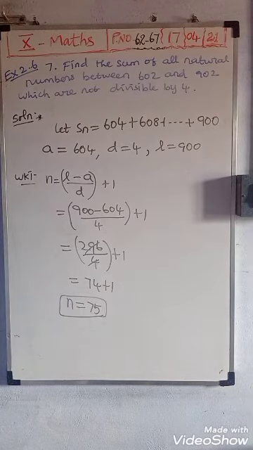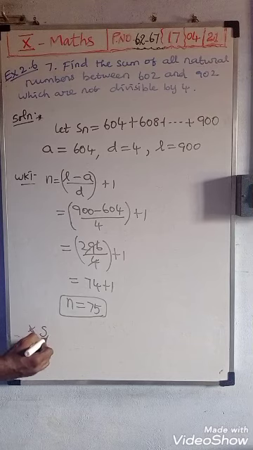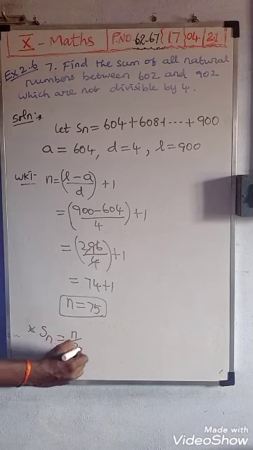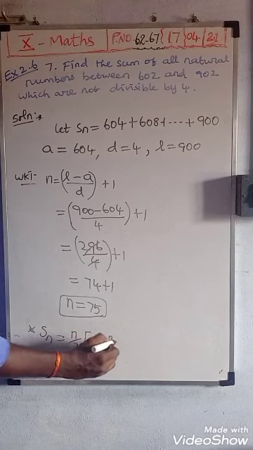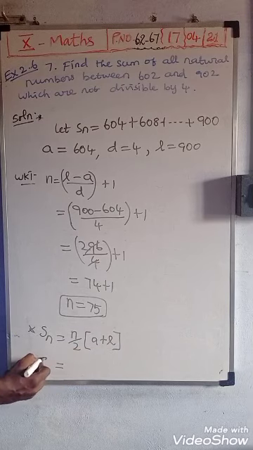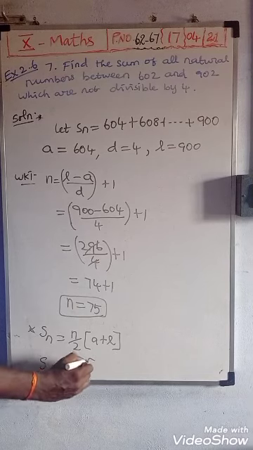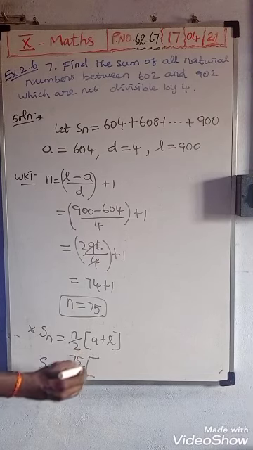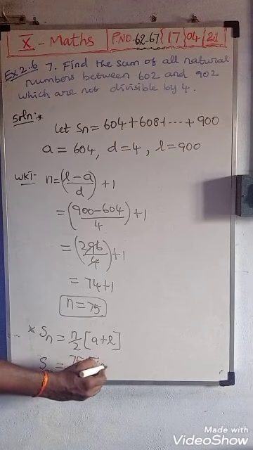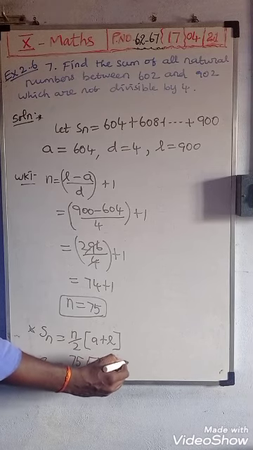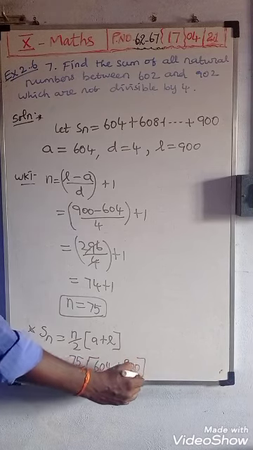Totally, how many numbers divisible by 4 are there? 75 numbers. Now we add these 75 numbers. Sn is equal to n by 2 times (a plus l). So S75 is equal to 75 by 2 times (604 plus last term 900).